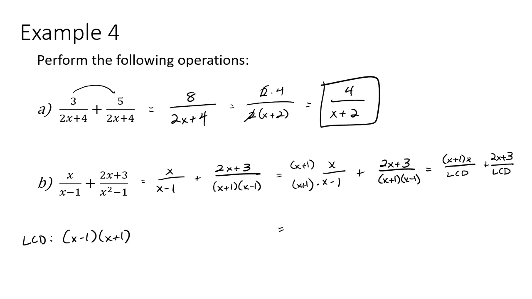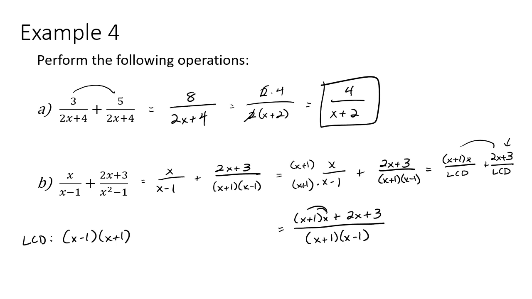And so now that they've got the same denominator, x plus 1 times x minus 1, I can add. And so it's just x plus 1 times x, the numerator on the left, plus 2x plus 3, the numerator on the right, all over their common denominator of x plus 1 times x minus 1. Now, we can certainly make this look a little bit nicer.